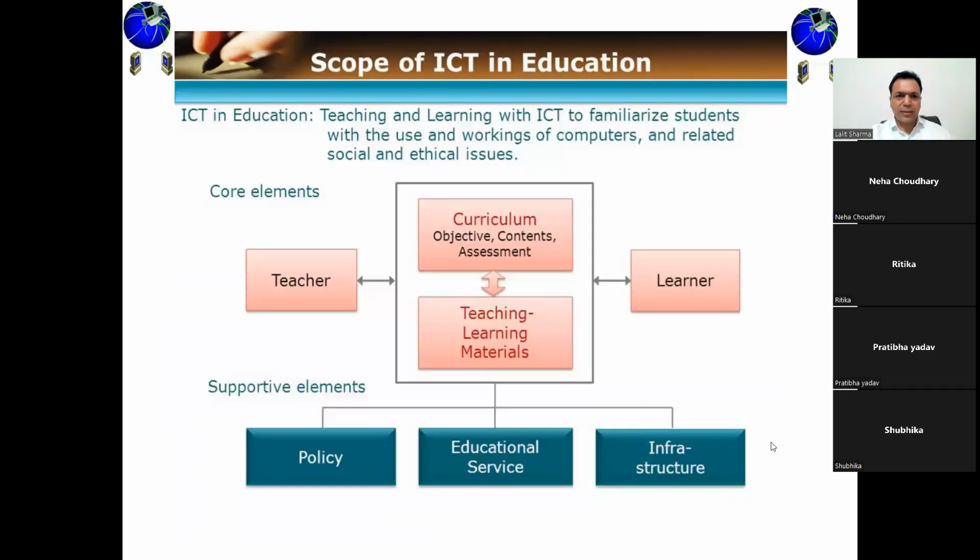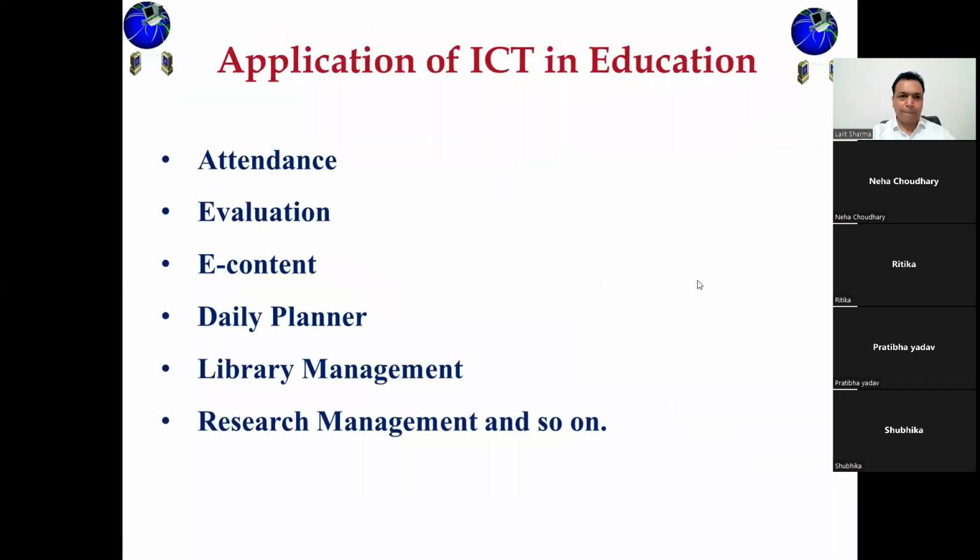So this is the scope of ICT in education. We have already discussed in the previous slide. Okay, the last slide was left: application of ICT in education. So you have seen that, है ना, in attendance, evaluations, e-content, daily planner, library management, research management, है ना, in all these things computer is used. है ना, when I talk about the computer, it means I'm talking about ICT.